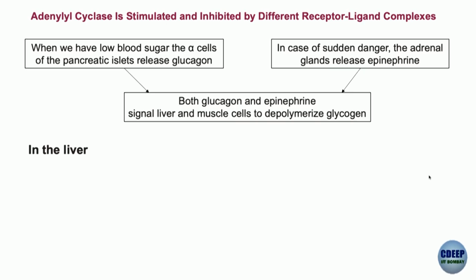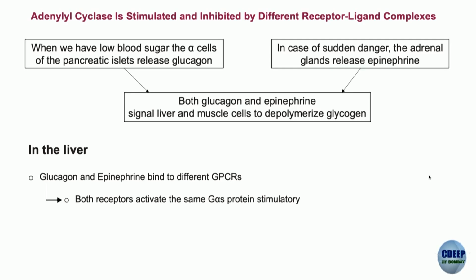Now in the liver, glucagon and epinephrine bind to different GPCRs, and both receptors will activate the same G alpha subunit simultaneously. They activate the same G alpha S subunit, which activates adenylyl cyclase.